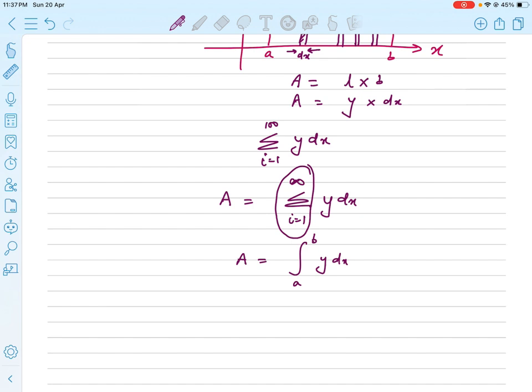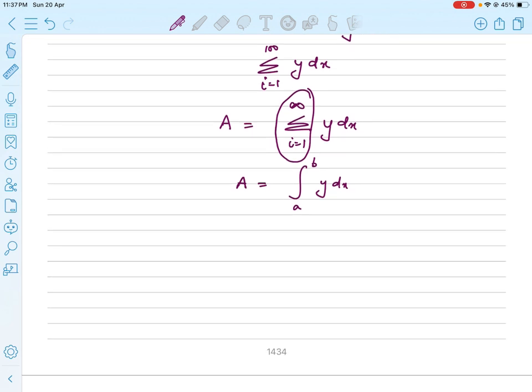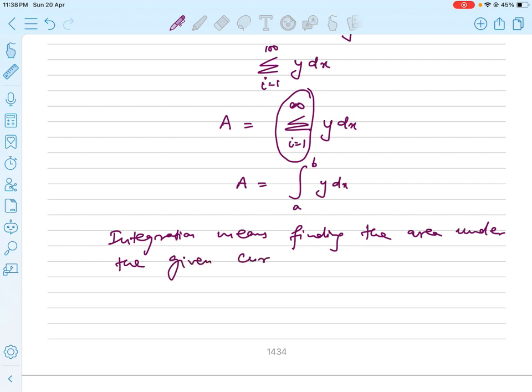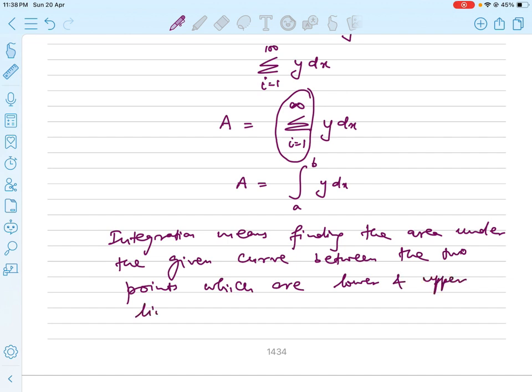All right. So in short, we can summarize that integration means finding the area under the given curve between the 2 points, which are the lower and upper limits.